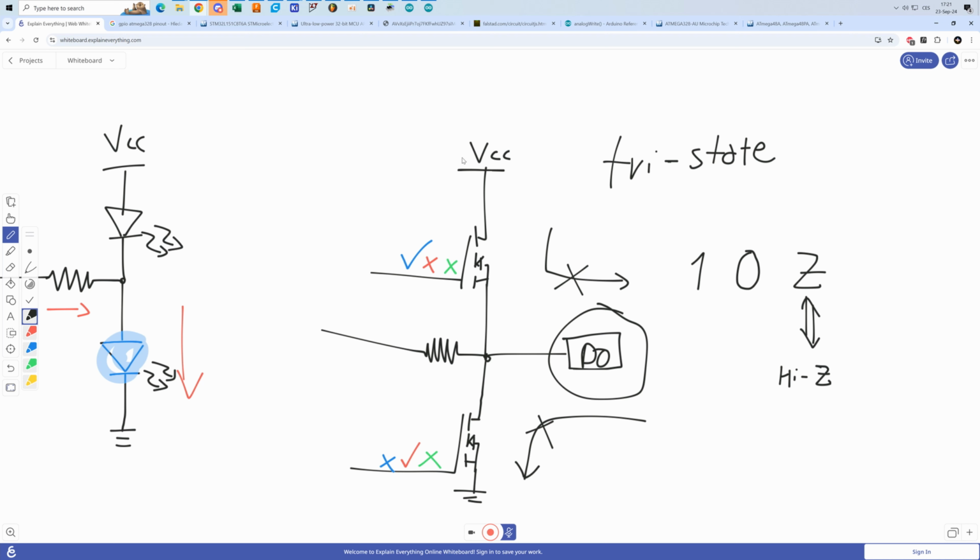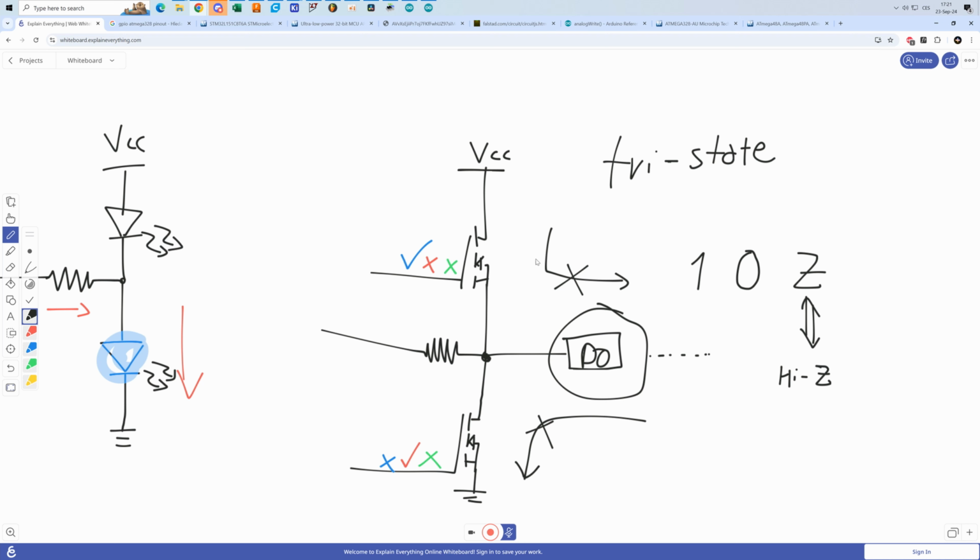So that's actually pretty handy if you're using tri-state driver, because it may happen that your driver is in high Z state, but you still want to know what is the state of the pin, because some other circuit may pull the pin low or high depending on what kind of circuit we have connected to the pin.